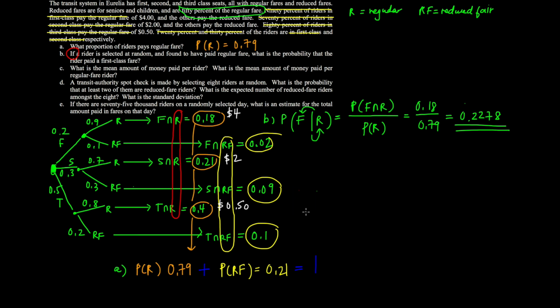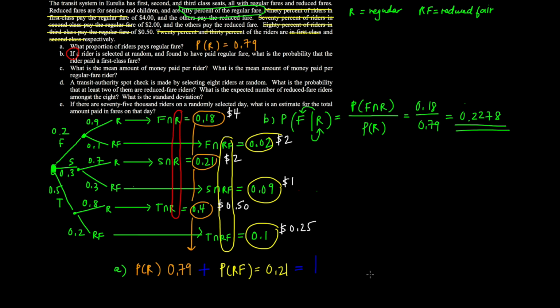It should be straightforward. If you don't know what the reduced fare is and you're wondering why, go back and read the question. Maybe you missed something. So the reduced fare for first class is 50% of $4, so it would be 2. The reduced fare for second class is 50% of $2, so it would be 1. And the reduced fare for third class is 50% of 50 cents, so it would be 25 cents.